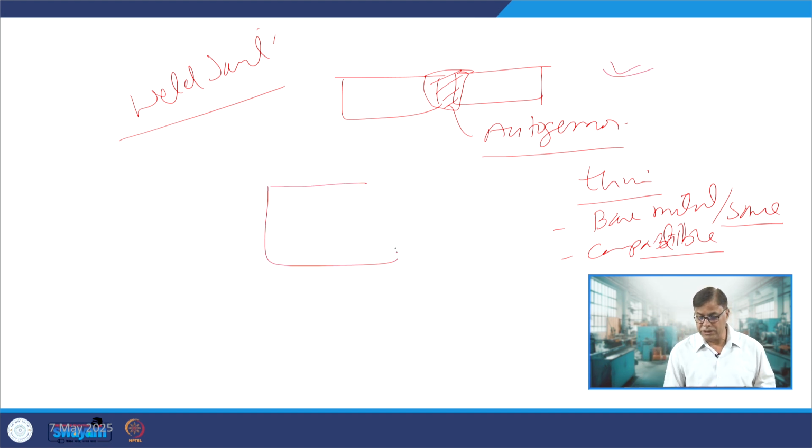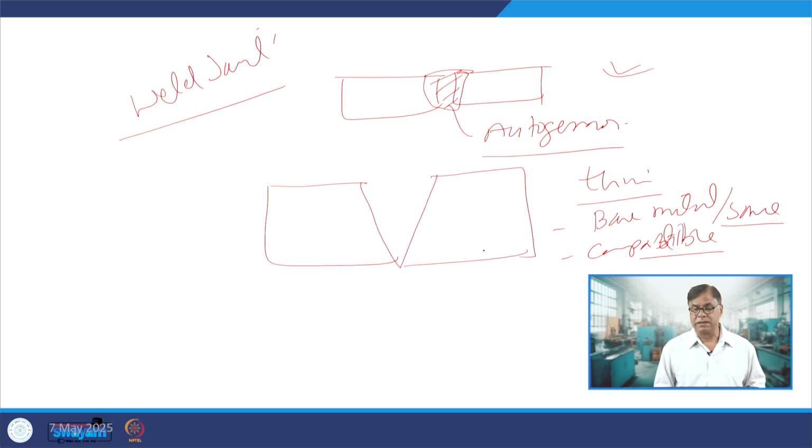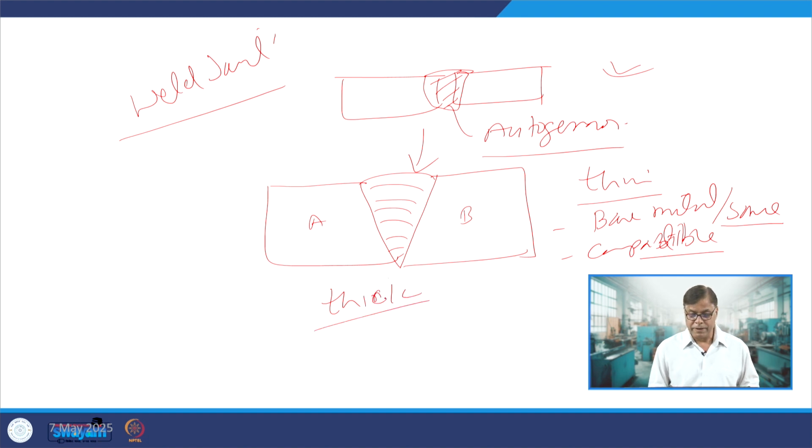But if the section thickness is high, then we need to prepare the edges, like this. And then the gap between the parent metals A and B which is created needs to be filled in. So we need the external filler metal to fill this. Okay, this is one possibility. Second, when we have to weld thick section components, then we need to use the filler metal.